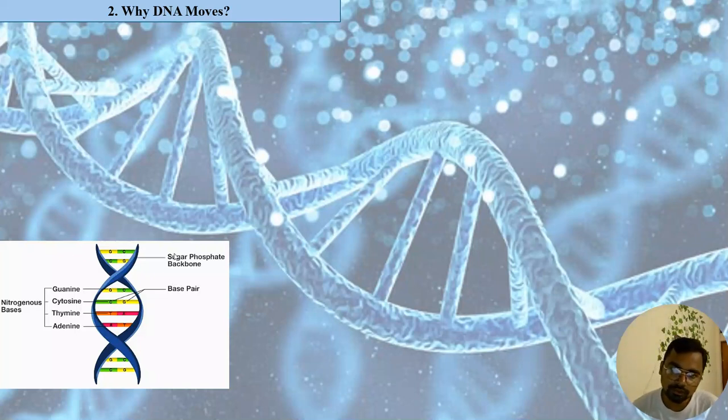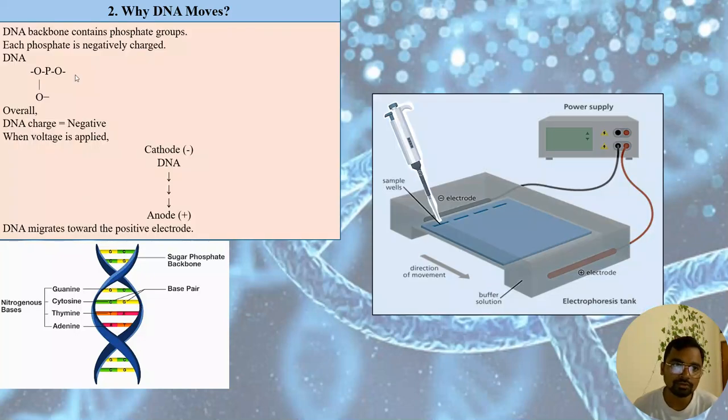So this sugar phosphate backbone is attracted toward the positive anode. The bases shown here are adenine, guanine, thymine, and cytosine. The DNA backbone contains phosphate groups, and phosphate is highly negatively charged, as shown here. So overall DNA is negatively charged.